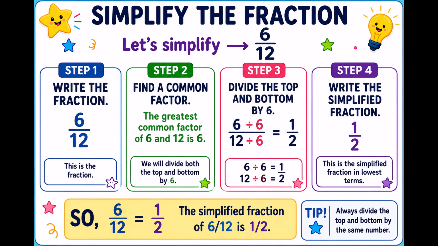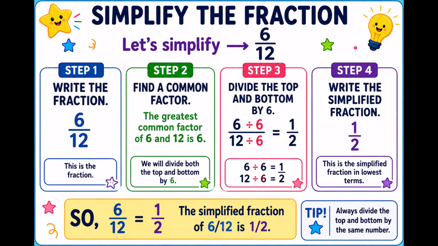Write the fraction down. Now, step 2, find the greatest common factor, or the GCF, greatest common factor. The greatest common factor, the GCF of 6 and 12 is 6. Because why? 6 divides evenly into both numbers.